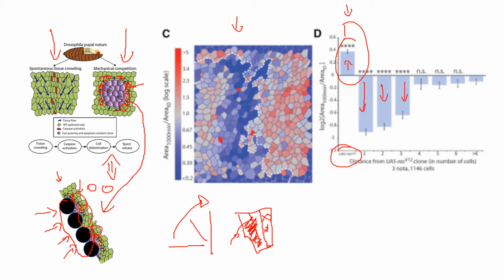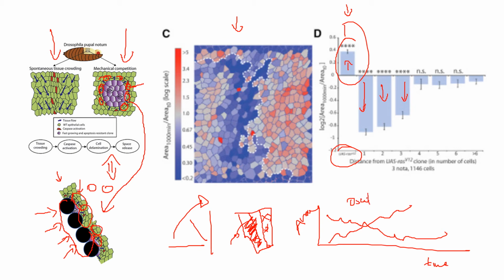However, nobody that I know has studied in a lot of detail, like the thing that you did, the time and the area. I don't think that anybody has studied how the cells get bigger or smaller. They just study the beginning and the end. So I don't think that anybody has studied these oscillations, and I think this could be something interesting that you can talk about for future projects.